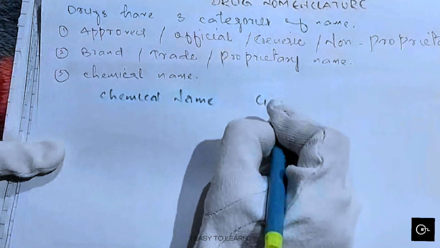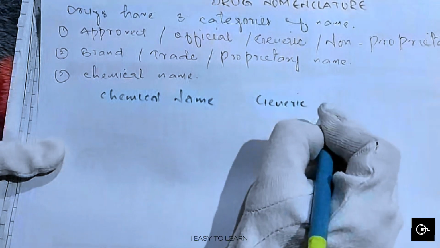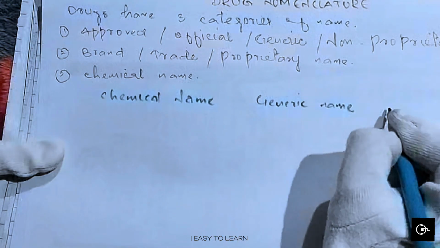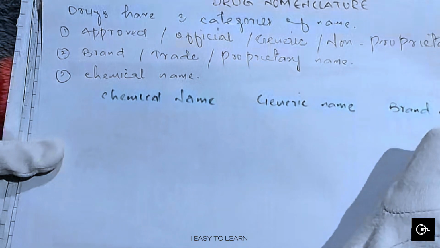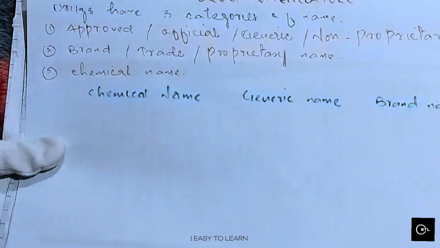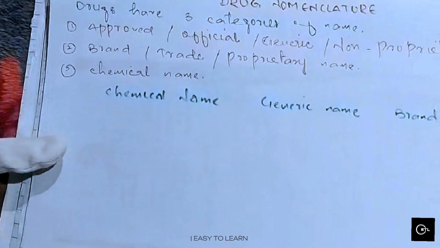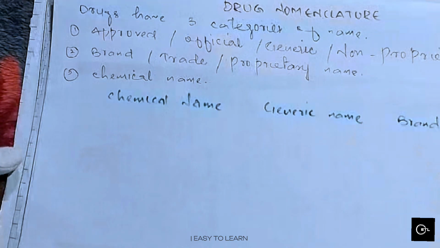Second is our generic name, and third is brand name. So you can recognize the drug by these three.